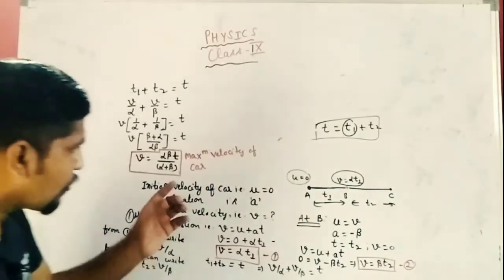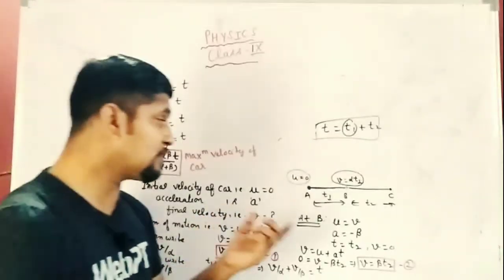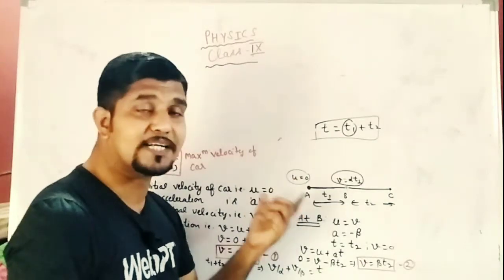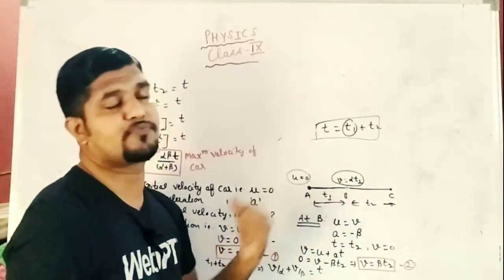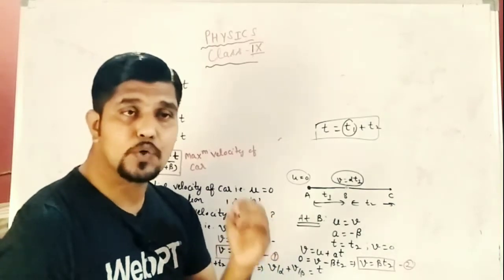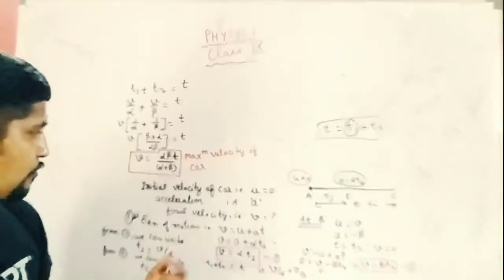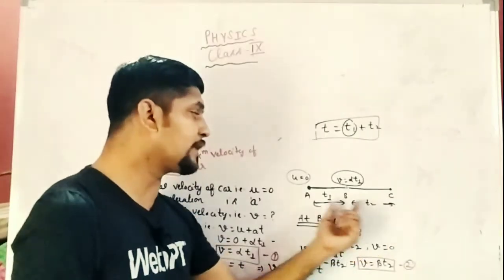It means for the total interval of time, because we have to find the maximum velocity. The maximum velocity will be the velocity attained by the car for the whole interval of time.